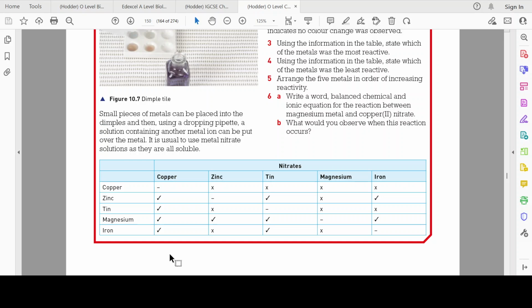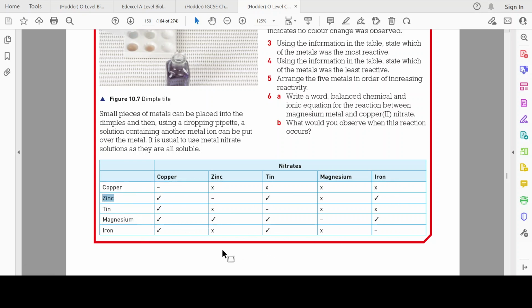Let's take a look at iron. Iron was able to displace copper, it was able to displace tin. We've got 2 reactions for iron. We have only 1 reaction for tin, and 4 for zinc. So I believe the order of reactivity, highest reactivity, would be magnesium. Second would be zinc because it's displacing 4 of the metals.